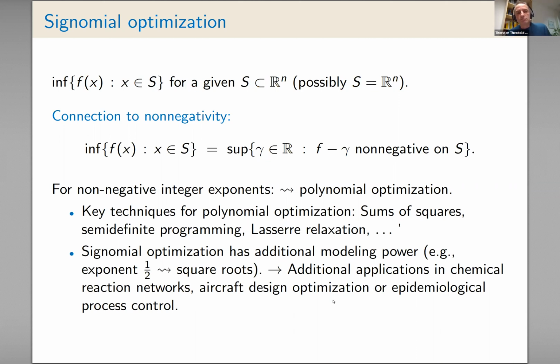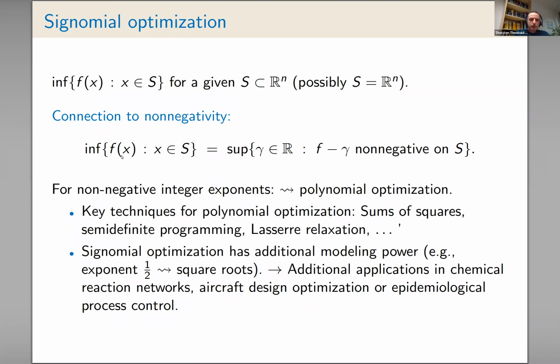signomials. So I would like to determine the minimum of, say, a signomial f, where I have a certain constraint set S. And of course, it's possible that we're in the unconstrained situation that S is equal to the whole space. Okay, then we have the usual general strategy, I think familiar to at least some of you, that we can reduce an optimization problem to non-negativity and to non-negativity certificates.